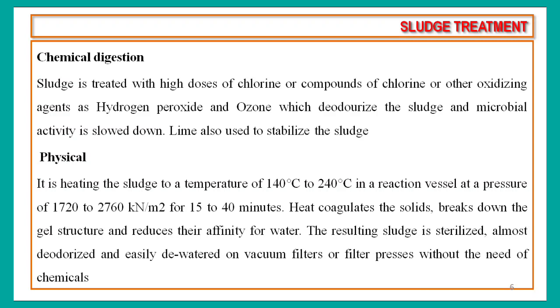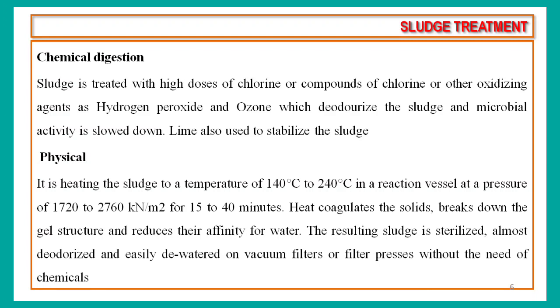This heat coagulates the solids, breaks down the gel structure, and reduces their affinity for water. The resulting sludge is sterilized and almost deodorized, and easily dewatered on vacuum filters or filter presses without the need of chemicals.